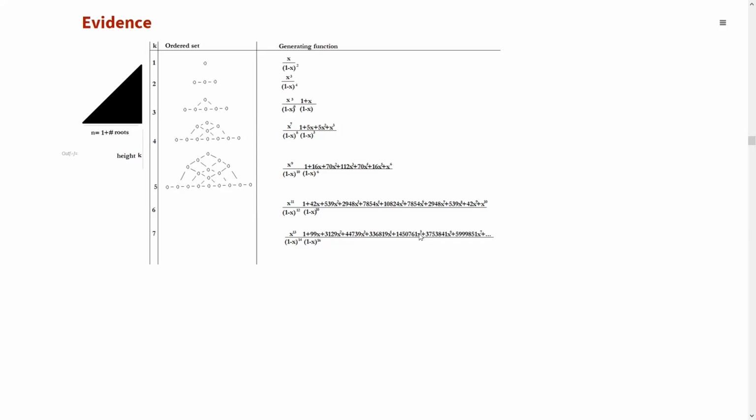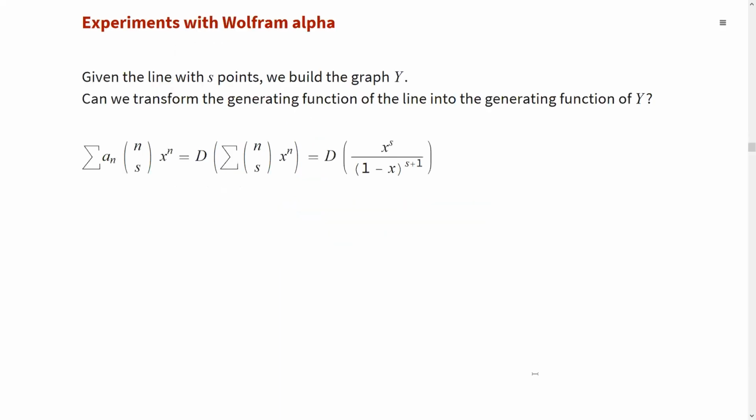So this is the evidence that motivates you to find a theory that goes from graphs to power series. And this evidence, my next goal is to explain to you how we obtain this evidence using Mathematica.